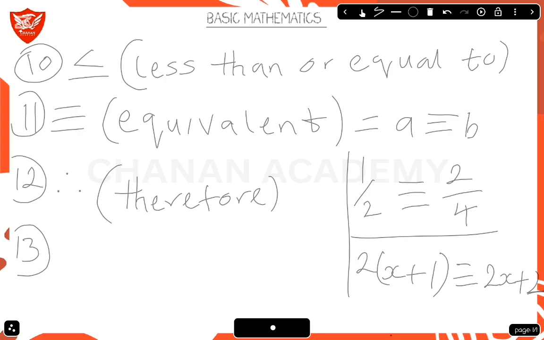It's equivalent to 2x plus 2 because when you open the bracket, don't worry, we'll talk about this much more in our other videos. That's 2 bracket x plus 1 is equivalent to 2x plus 2, if you open the bracket. I hope you understand that. Right, thank you. Let's go to the other signs.